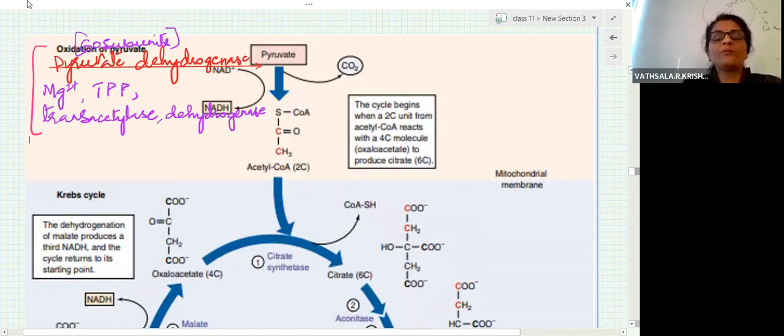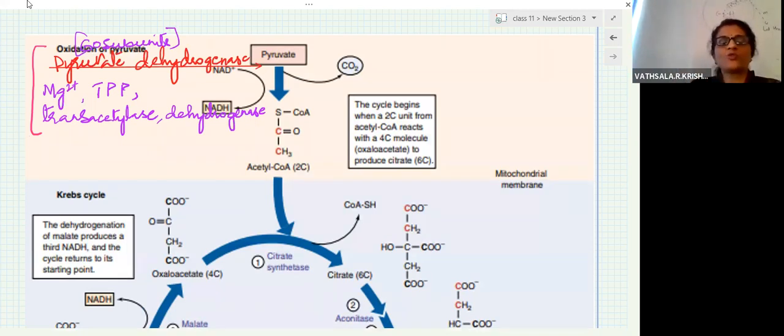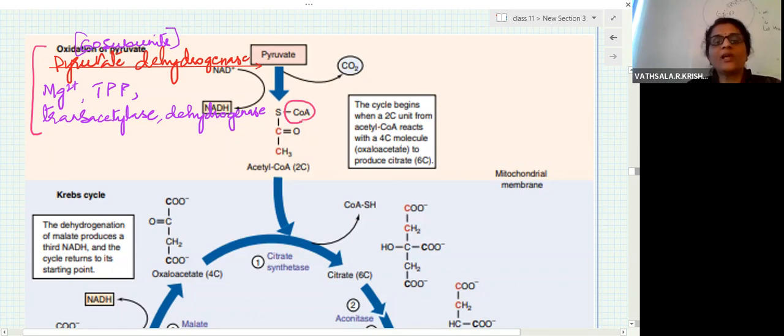Pyruvate, which is formed in the end, loses 1 carbon dioxide and it becomes acetyl, and it is attached with coenzyme A. Hence we call it acetyl CoA. This reacts with a 4 carbon molecule. Which 4 carbon molecule does it react with? OAA, oxaloacetic acid. You have learned this. OAA is a 4 carbon, and acetyl CoA is 2 carbon.